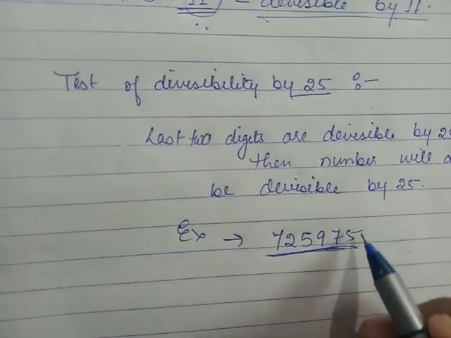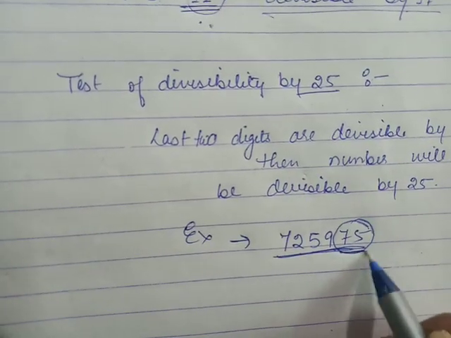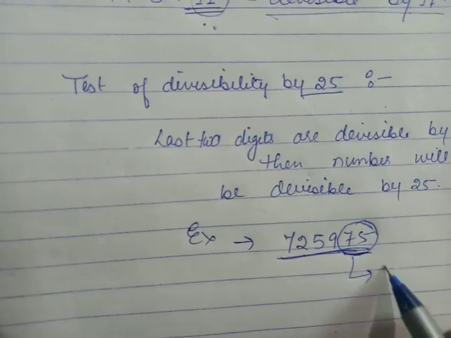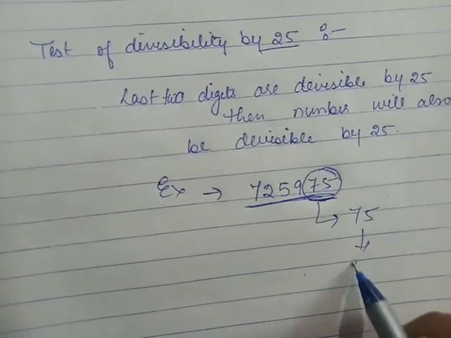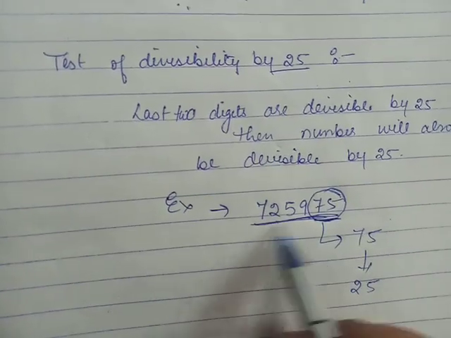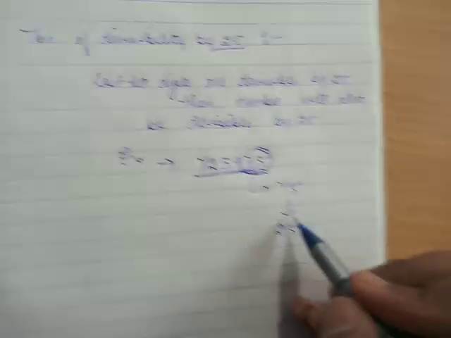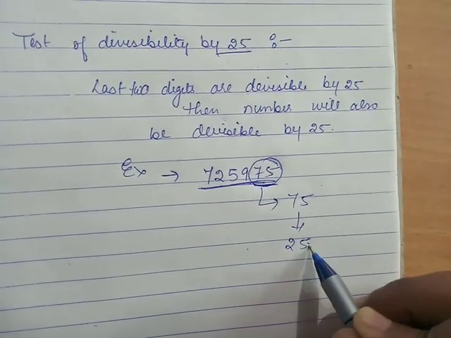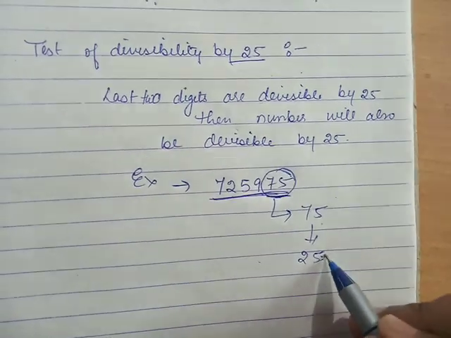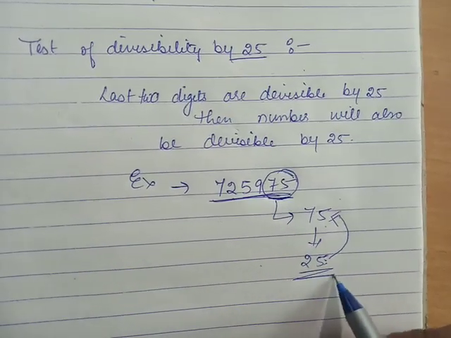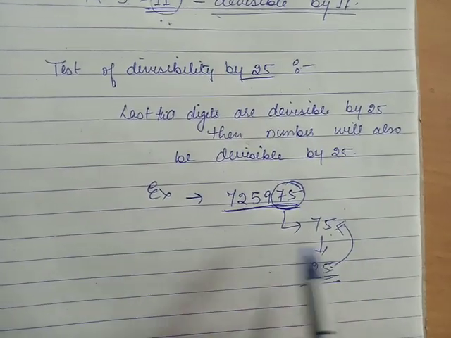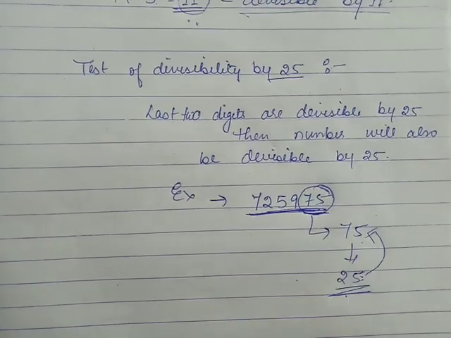We look at the last 2 digits, that is 75, and this 75 is divisible by 25, so the number will also be divisible by 25. You can see that 25 2s are 50 and 25 3s are 75, so we can say that this whole number will also be divisible by 25.